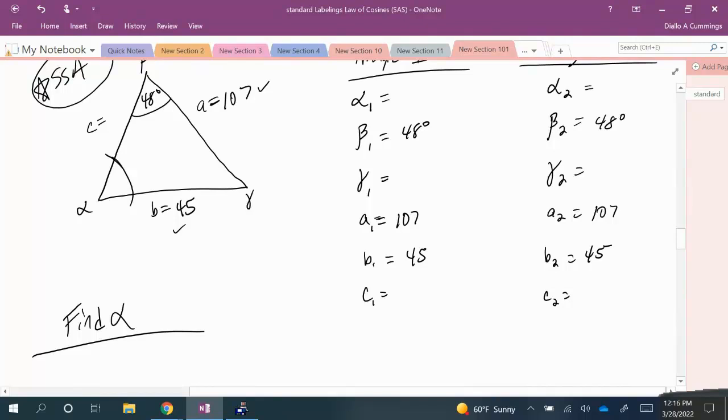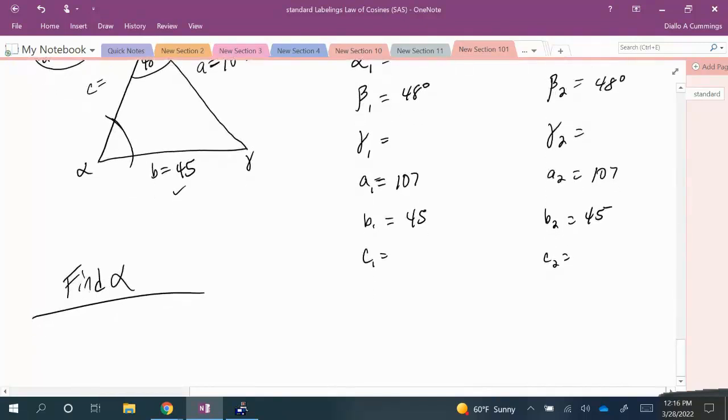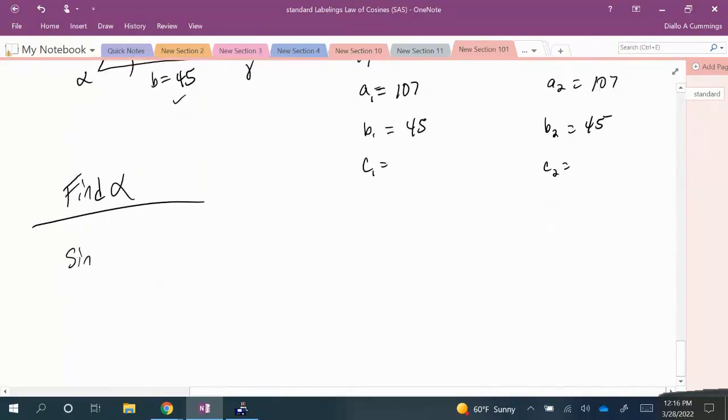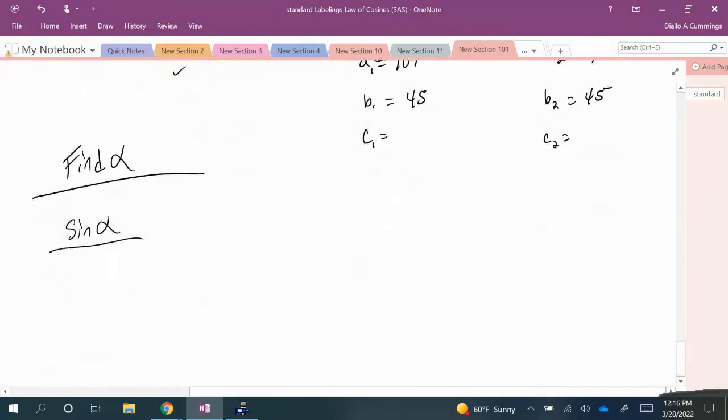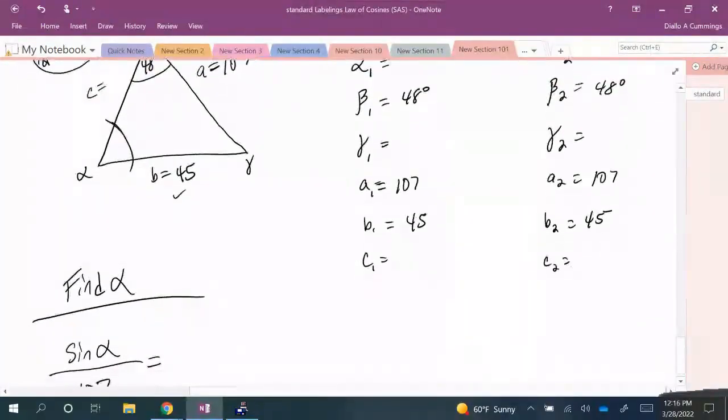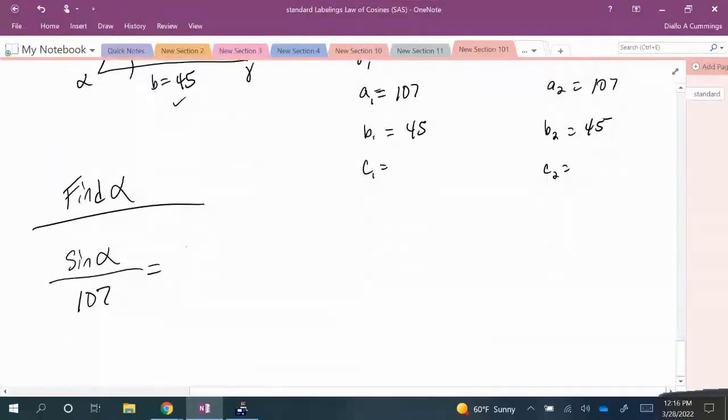I'm not using the law of cosines, I'm using the law of sines. So the law of sines formula that I'm going to use is the sine of alpha divided by side length A, which is 107, set equal to the sine of 48 degrees divided by 45.